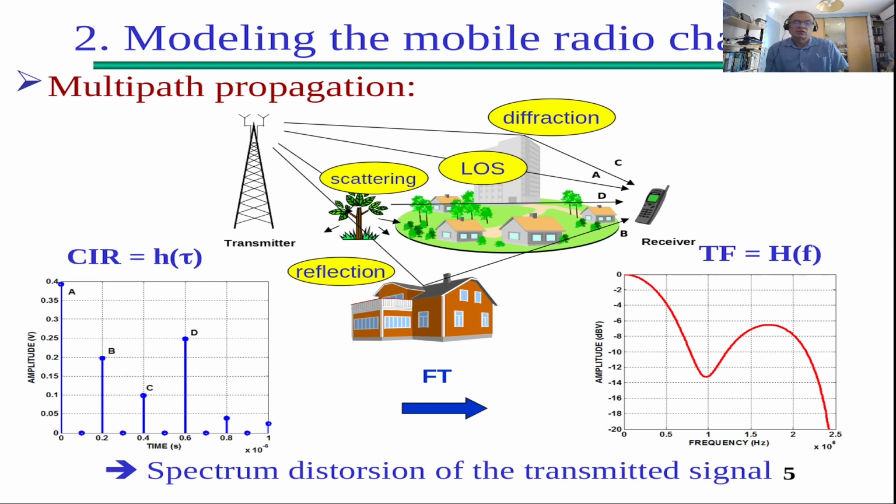You can also have a direct path, which is called the line of sight or LOS path, as you can see on this figure.